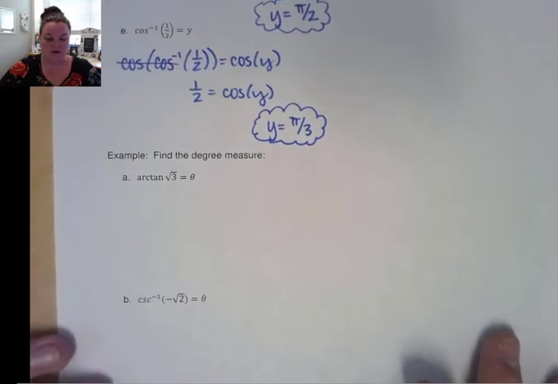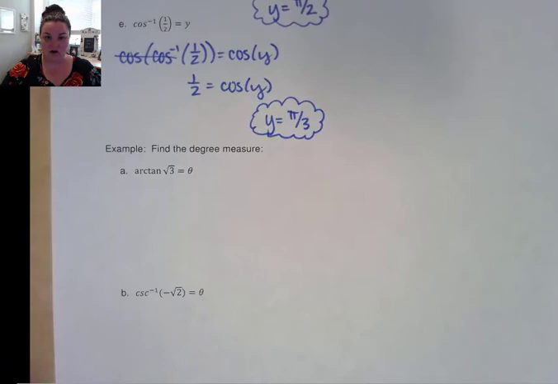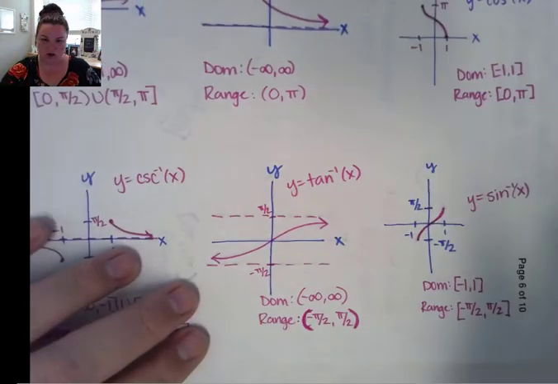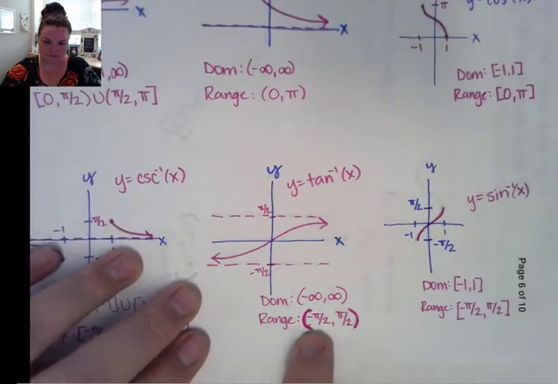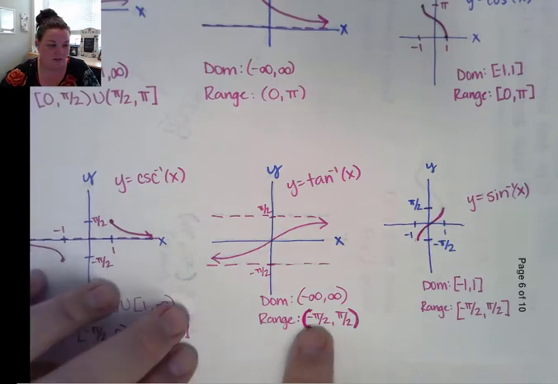All right, so this one, we're dealing with arc tangent. So again, let's bring back our little graphs that we came up with. If I look for arc tangent, notice its range values are going to be between negative pi over 2 and pi over 2.